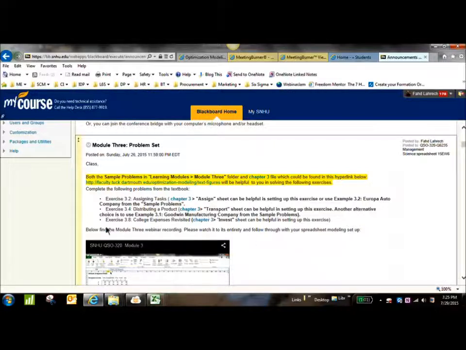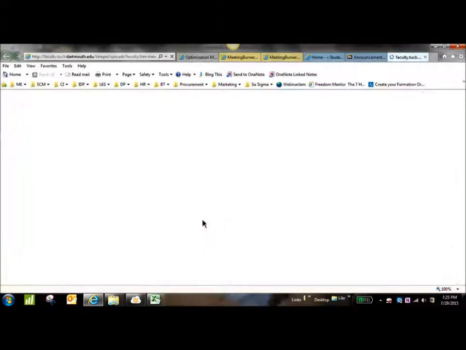Okay. So, sure, I definitely understand your question. When we look at exercise 3.8 on the announcement page, I hope you can see my screen. It says that you need to check the Chapter 3 Invest tab, which can be helpful in setting up this exercise. When I click on Chapter 3, it pulls up an Excel file.